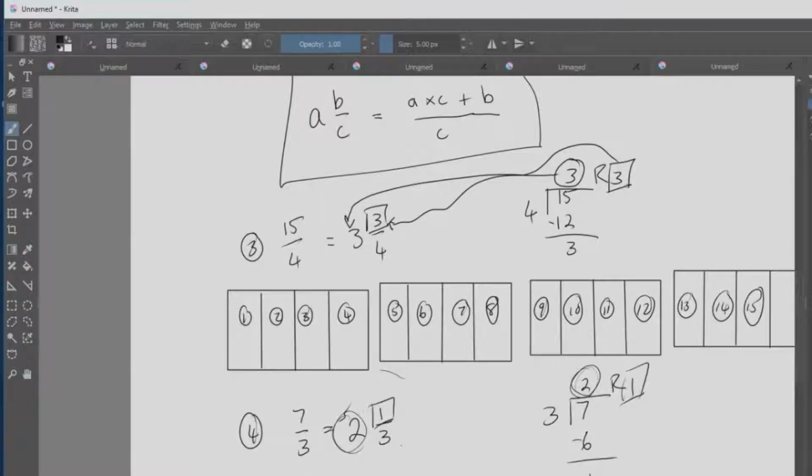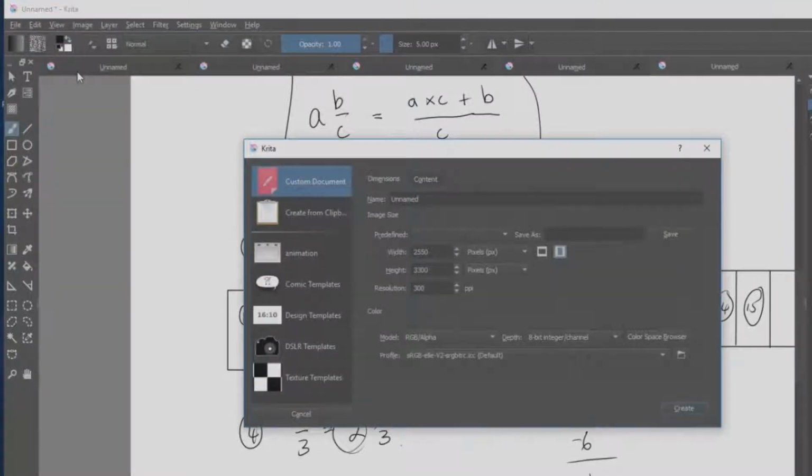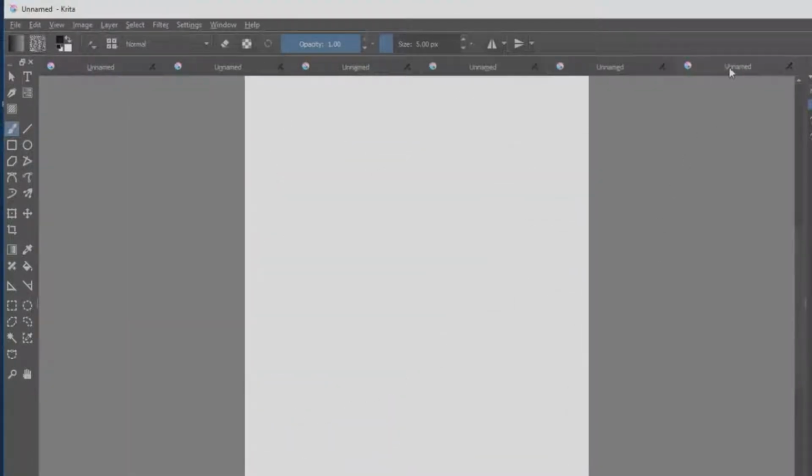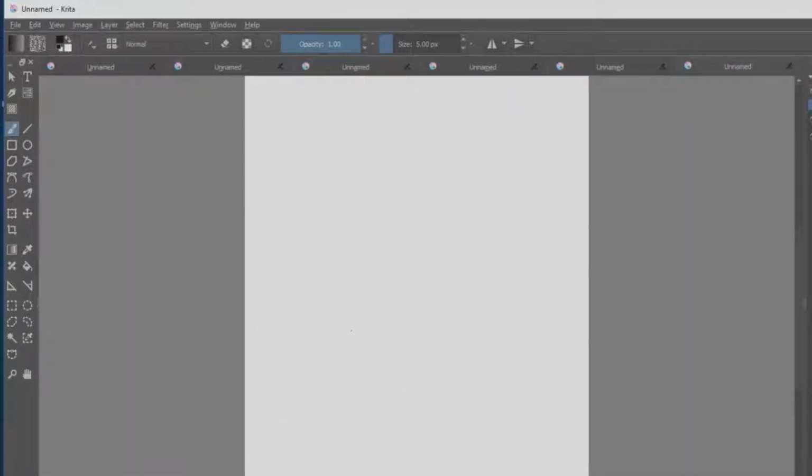Can't get out of this to make a new one. I'm gonna have to do it this way. Ooh, it's gonna be messy. Oh, there we go now. Now I have a new page. All right, we're back in business. I apologize for that. I am obviously somewhat incompetent.